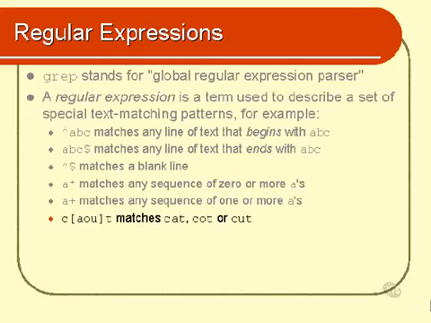So C followed by square brackets followed by T matches C and then any single character from within the square brackets and the T. So C, square brackets A O U, T matches cat, cot or cut, but nothing else. It will not match CAOT or COUT because it's only trying to match one character.